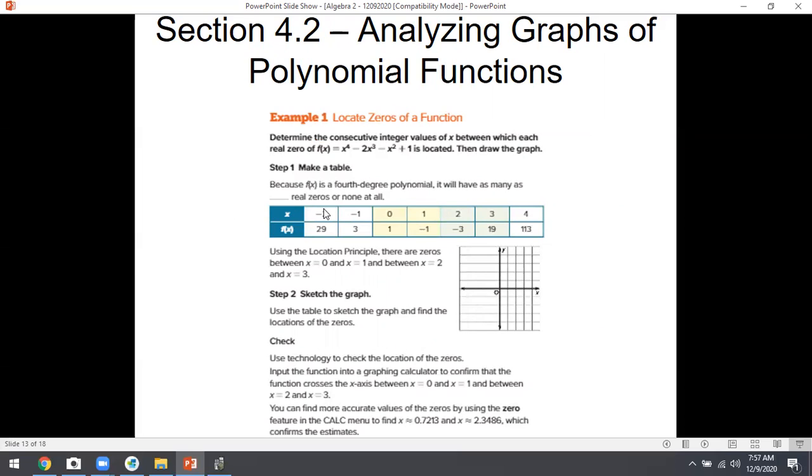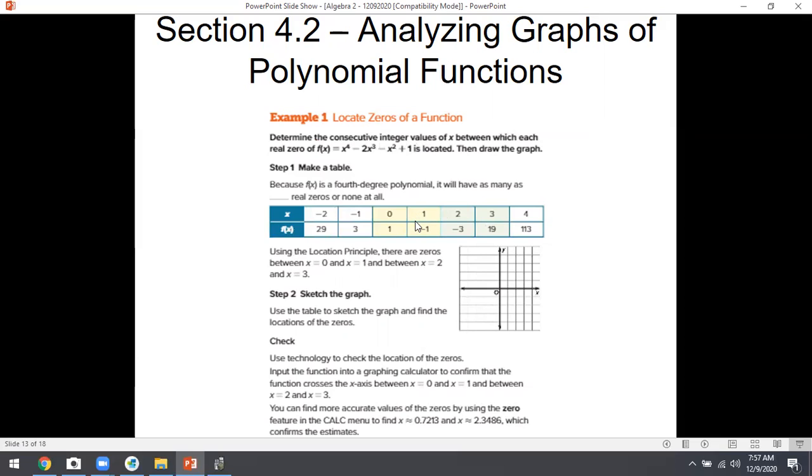What's this table say? If you were to take numbers and plug them in tediously, -2, if you plugged it in, you'd get out 29. Take -1, plug it in carefully, you'd get out 3. Do you see anywhere where the value of the function, the bottom line, changes from positive to negative? I see right here. Do you see it changing from 1 to -1? So it changes sign. So somewhere from x goes from 0 to 1, there must be a 0. It must cross between 0 and 1.